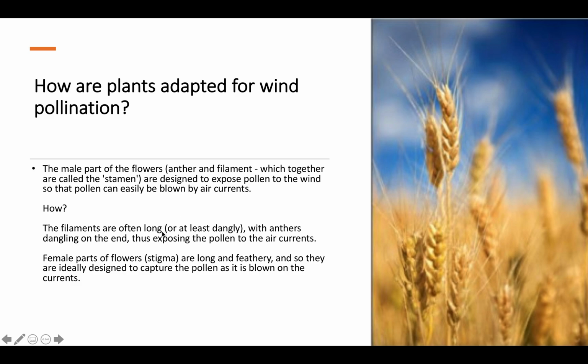How? The filaments are often long, with anthers dangling on the end, thus exposing the pollen to the air currents. While the female parts are long and feathery, so they are ideally designed to capture the pollen as it's blown on the currents.